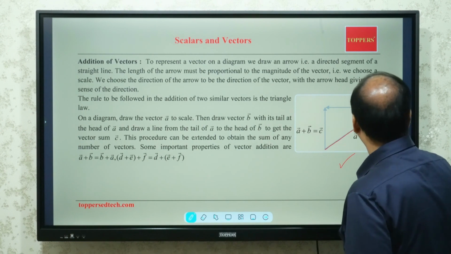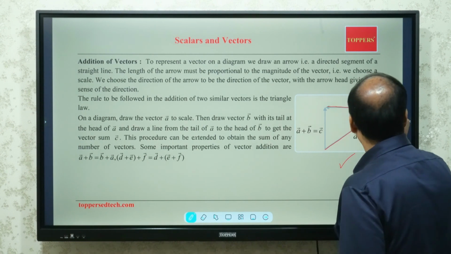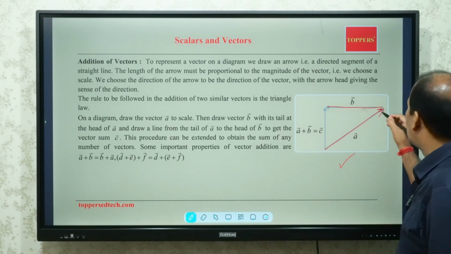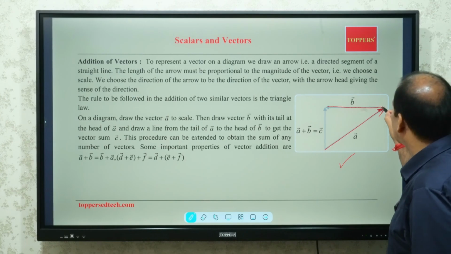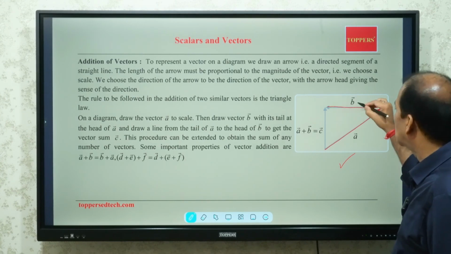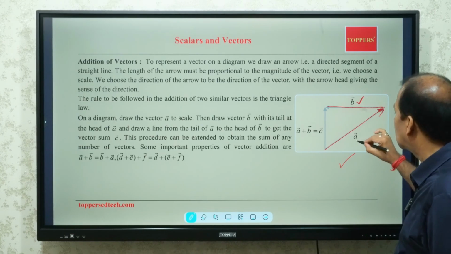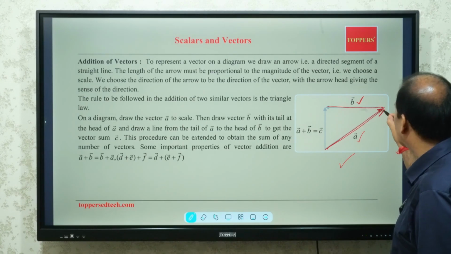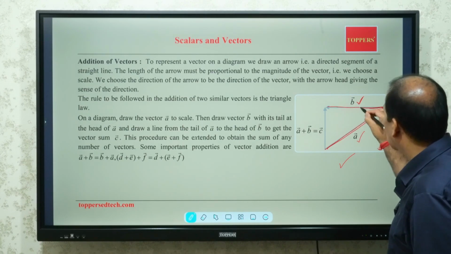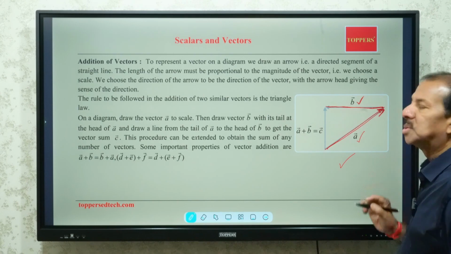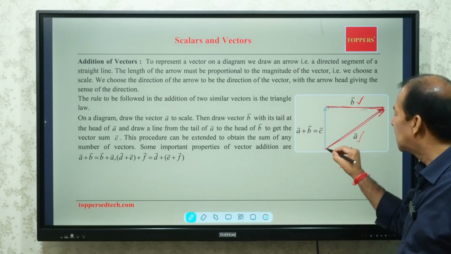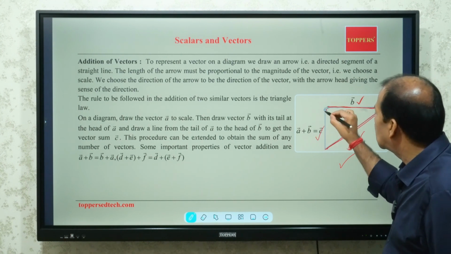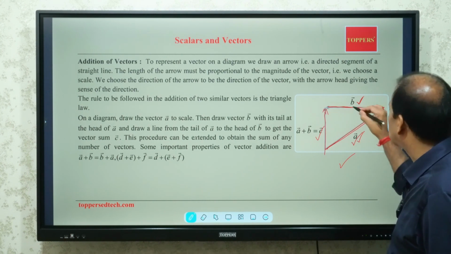This is your vector A and this is vector B. If the head of the first vector is joined with the tail of the second vector, and then we join the tail of the first vector with the head of the second vector, that line gives you the resultant of these two vectors, the resultant of vectors A and B.